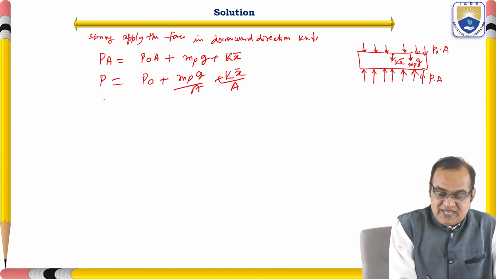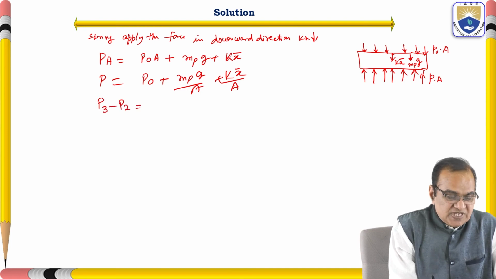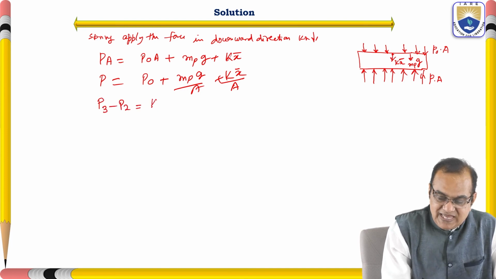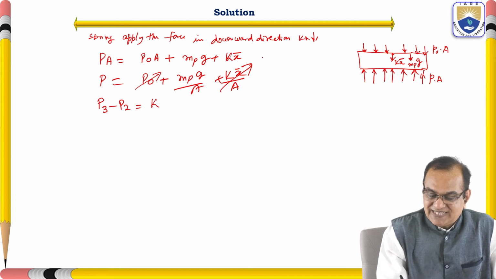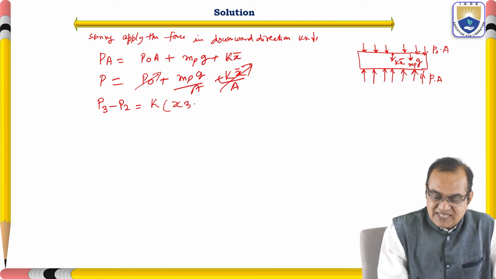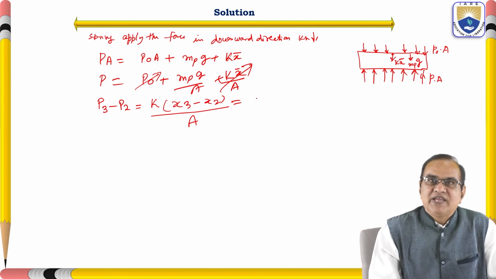So now if we take the difference, P3 minus P2 is equal to K into X3 minus X2 divided by A, because these terms will be cancelled, as these are the same quantities. This we can write as we have done in the previous.